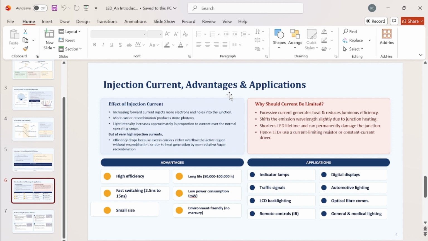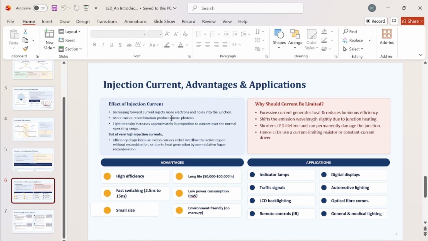But if we increase the forward injection current to a high level, then we will see that there will be a drop in the efficiency of the light emitting diode, either due to the overflow of carriers in the active region, lowering down the recombination of electrons and holes, or because of other non-radiative recombinations, heat will be produced in the device.